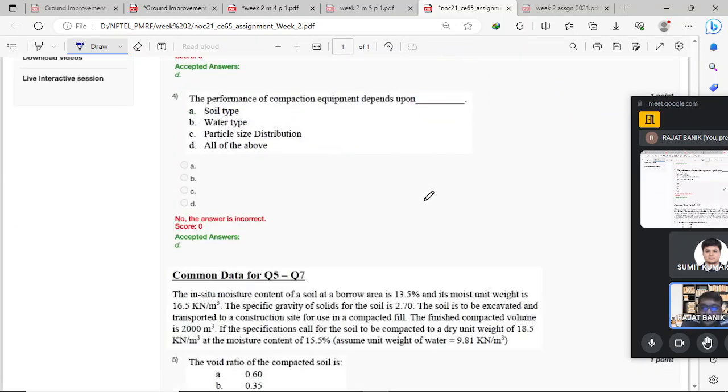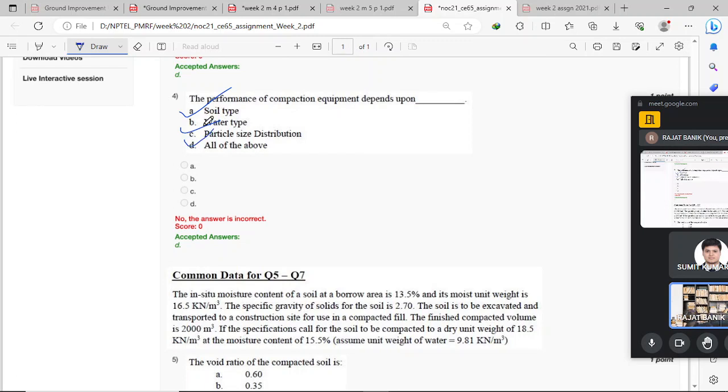In question 4, it is said to find out what the performance of compaction equipment depends upon. We know that it depends on soil type. Also it depends on water type, which means groundwater level, and also on the particle size distribution.